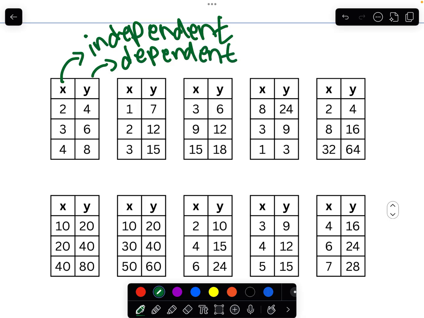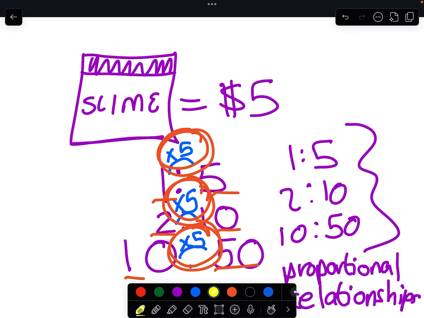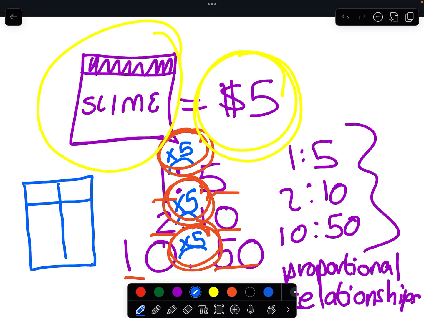And I know that might sound confusing, but one way to think about it is to say, well, what value depends on what? We think back to our slime example, and we recall that the amount we spend on slime depends on how many jars of slime we buy. So in this scenario, if we were to draw a table, we've got slime and we've got the money that we need to spend.